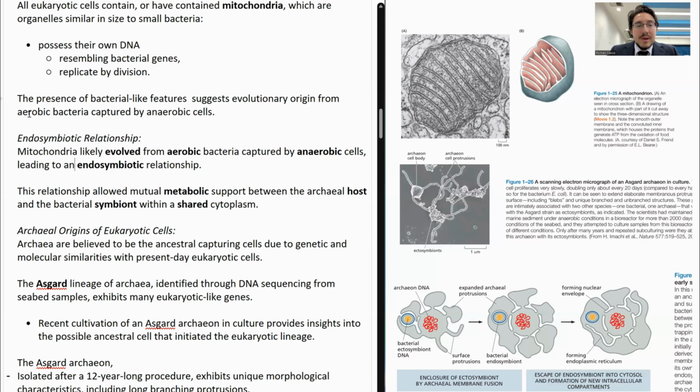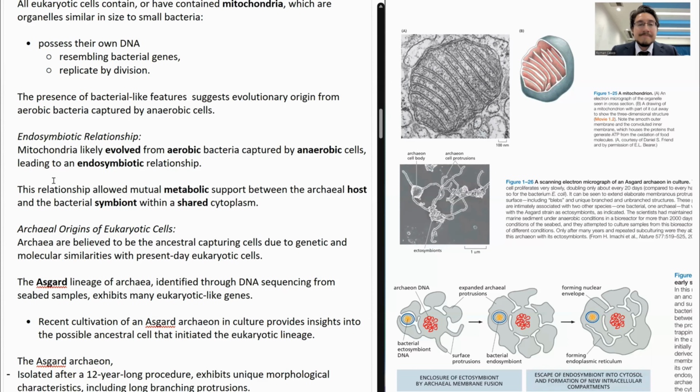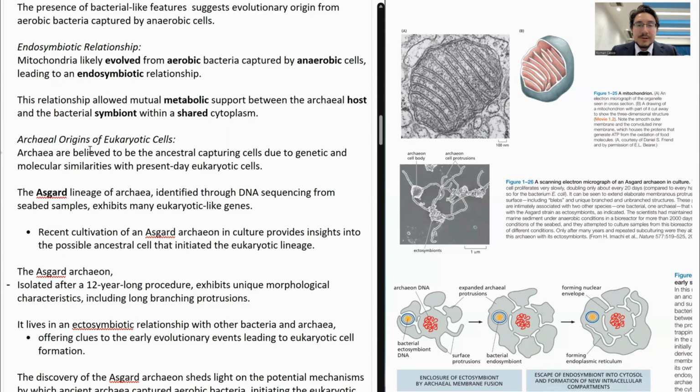It mentions aerobic bacteria because mitochondria need oxygen to function. So there must have been some relationship between anaerobic cells and aerobic cells at that time, because we're going to take a look at it in more detail now.